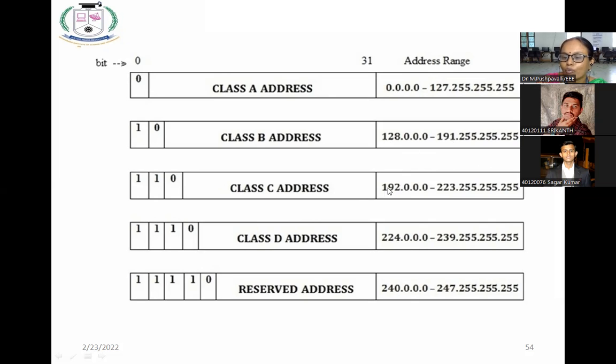Here 192 to 223 only 256 seems to be, but here 65,000 seems to be, here 16 million seems to be, and this is class D for multicasting, and this is mainly reserved. It is for R&D purposes and all, they kept the class E network.